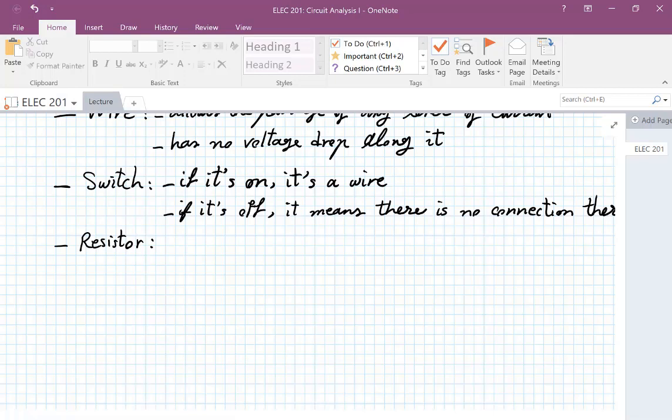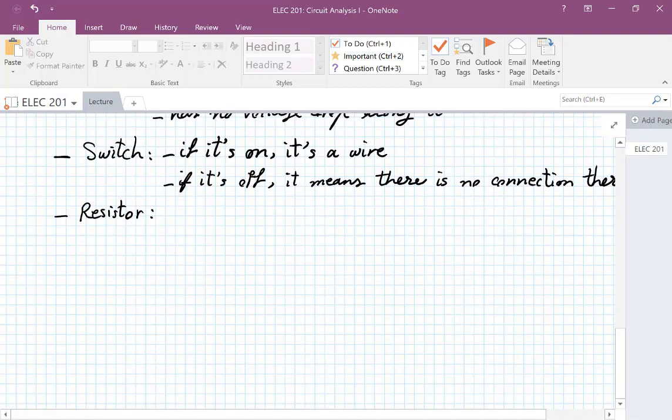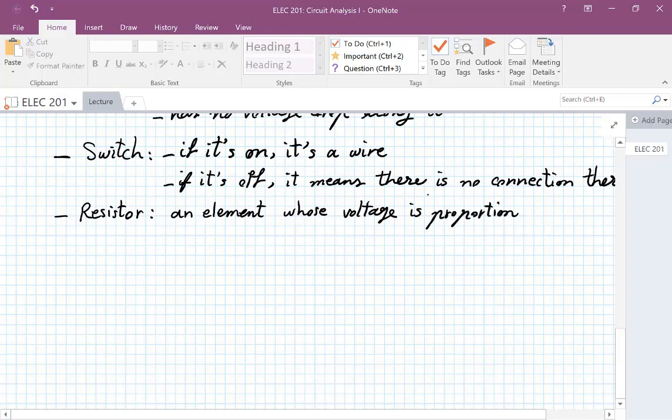If you feed a current through them, they will just multiply that by a factor of proportionality and give you a voltage across them. So a resistor is an element that has its voltage proportional to its current.